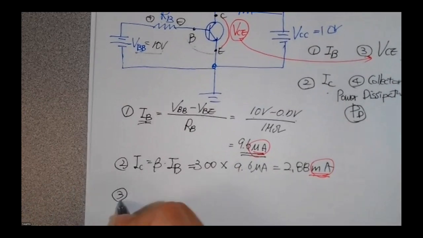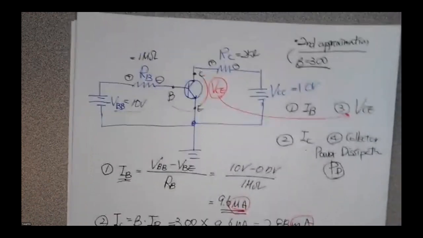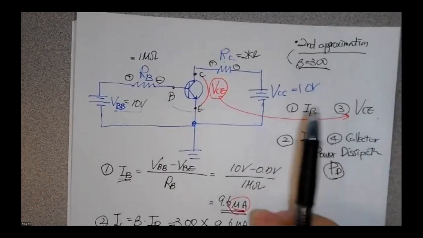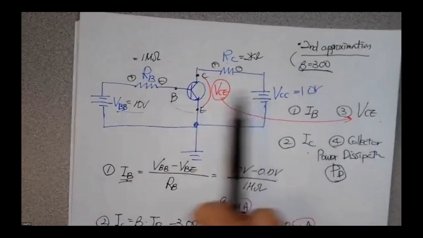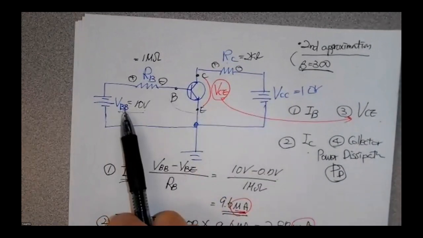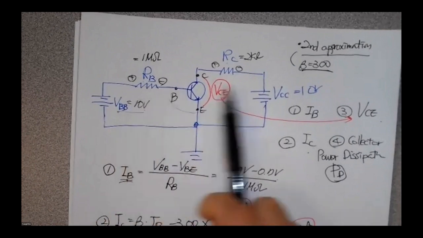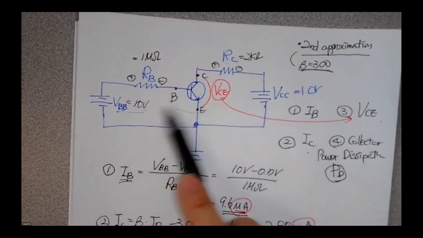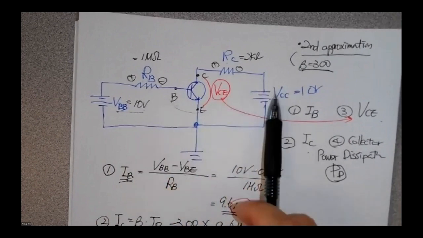And then question 3 here. What is the V sub CE? So you can see that there are 2 supply voltages. One is the V sub BB. The other one is V sub CC. There are 2 circuits, a two-loop circuit.